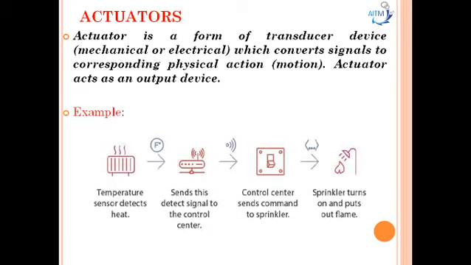Now we'll see one scenario. Suppose consider the house catches fire here, and we'll see how the sensors and actuators play an important role in this embedded system here. These embedded systems are used in home automation. Now considering a scenario that a house catches fire here, it uses the temperature sensors and the actuator here.